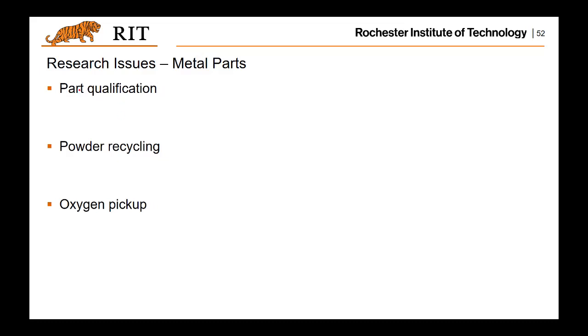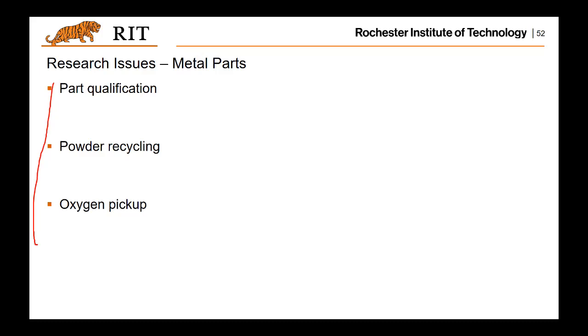And so here are some additional research questions, such as qualification. A difficulty for parts produced by additive manufacturing is the inconsistency of the parts. It's hard to have unified mechanical properties, even for parts produced by the same machine using the same material.